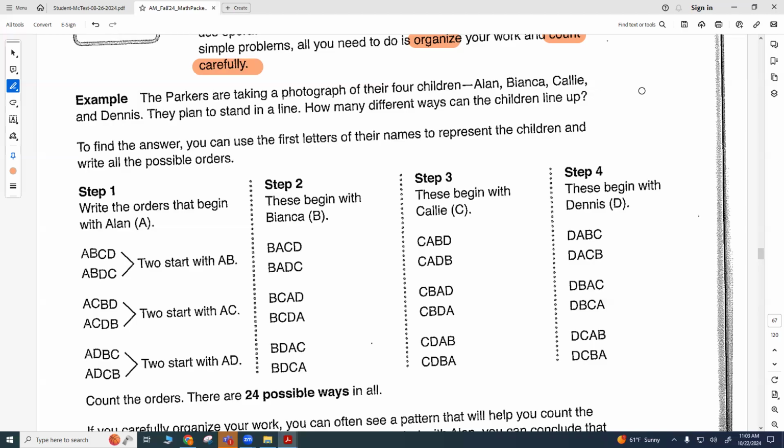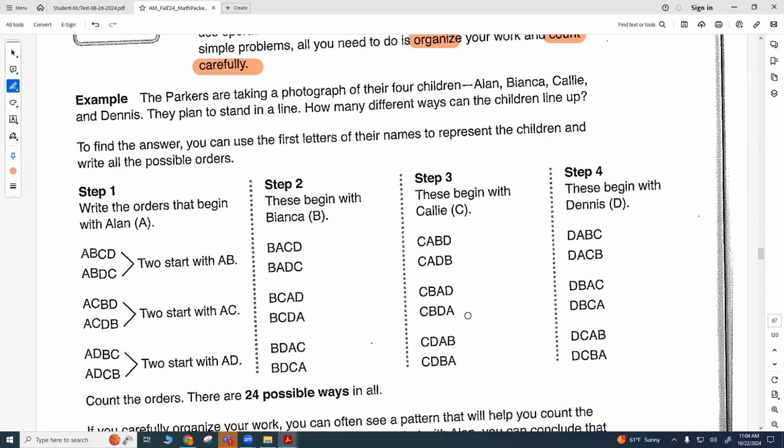Basically they can use the first letter of each of the kids' names to decide. If we start with Alan at the beginning, I can arrange them in 6 different ways if Alan is first. And I can also arrange them in 6 different ways if Bianca is first. Same with Callie being first and Dennis.